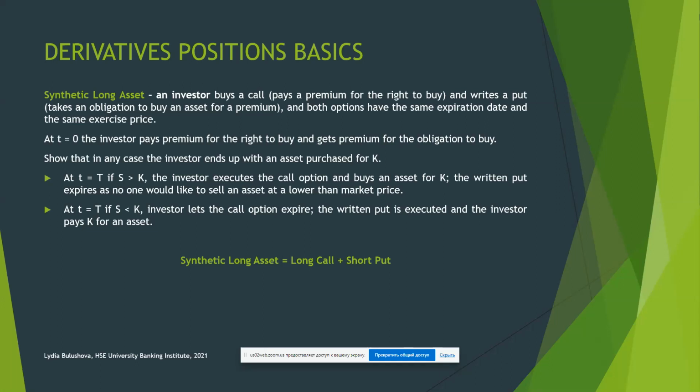So I take an obligation to buy, and someone has the right to sell an asset to me. There are two contracts, a long call and a short put, which altogether combine into a synthetic long asset.